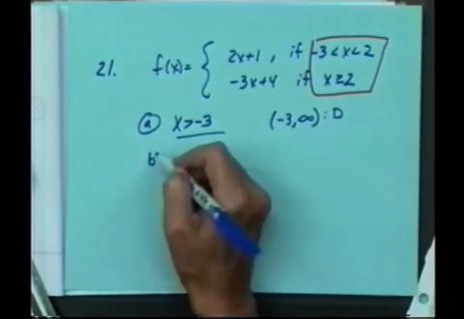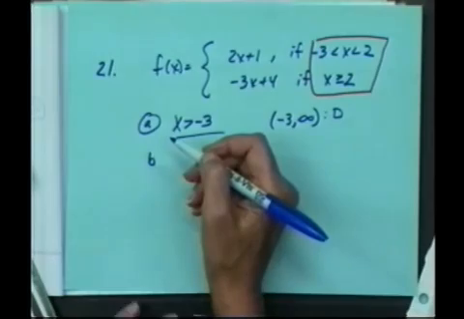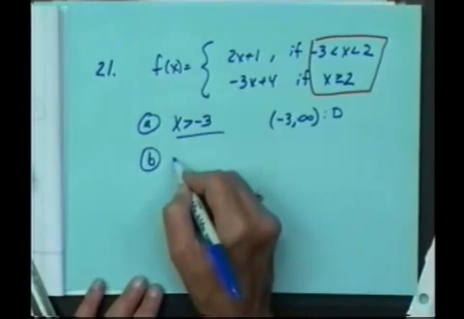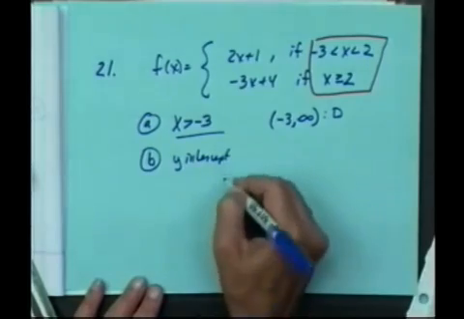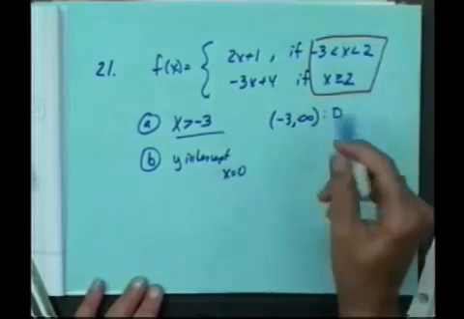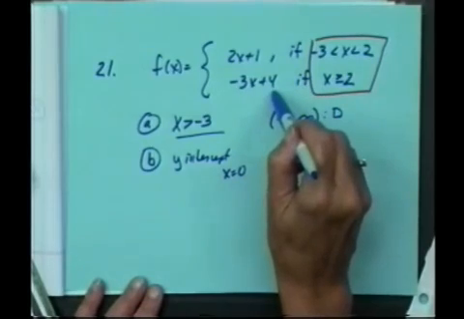B, locate any intercepts. Well, if you're looking for a y-intercept, that's where x is exactly equal to 0. So are you going to use 2x plus 1, or minus 3x plus 4 to find the y-intercept? 2x plus 1.